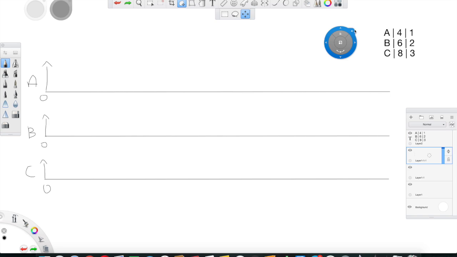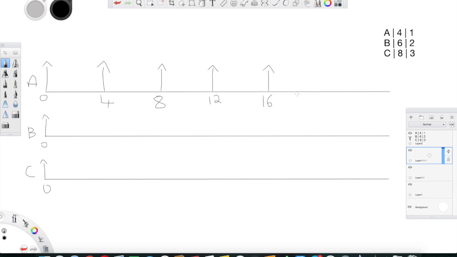So if we look at task A, it arrived at clock tick 0, therefore it should arrive again. Its period is 4, so 0 plus 4 is 4, so it should arrive again at 4. 4 plus 4 is 8, so it should arrive again at 8. 8 plus 4 is 12, so it should arrive again at 12. 12 plus 4 is 16, so it should arrive back at 16. 16 plus 4 is 20, so it should arrive back at 20.